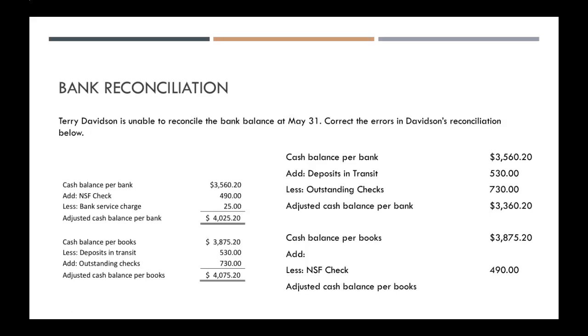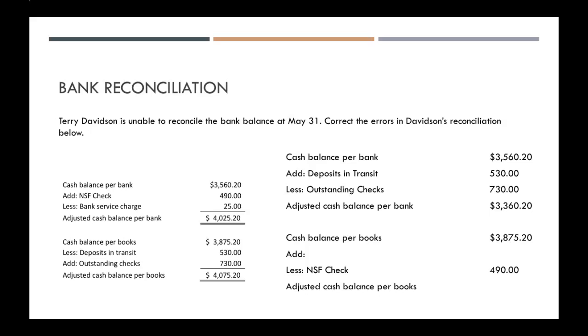Now, our only other adjustment here is a bank service charge. So we think about this as we may have known that a bank was going to charge us $25 here, right? There might be some monthly fee, but we hadn't recorded it yet. So we need to adjust our books to account for this bank service charge.